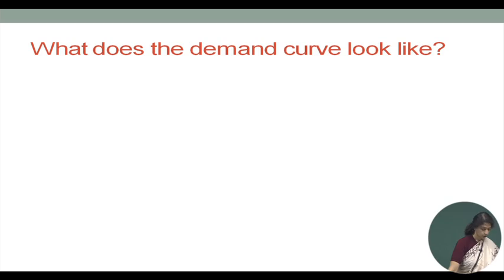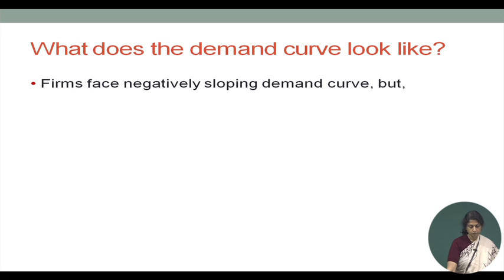So when we try to do that, first we need to develop the demand curve. So our question is, what does the demand curve look like? The firms will be facing a negatively sloping demand curve, because this is a market structure which lies between, say, monopolistic competition and monopoly.